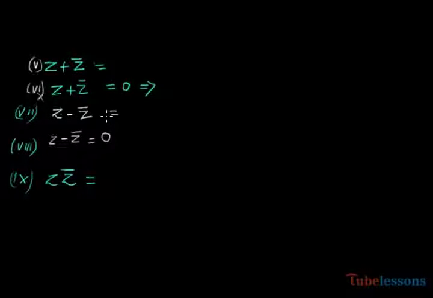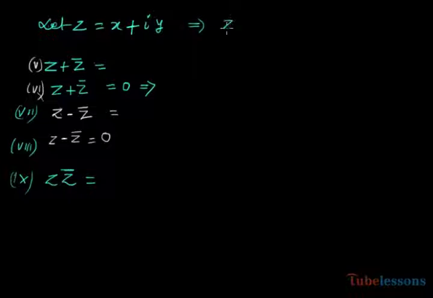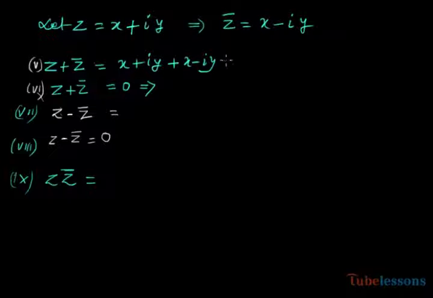Now we'll do this property. Let Z is equal to x plus iy, and this implies Z bar is equal to x minus iy. Now if you add this Z and its conjugate, you get x plus iy plus x minus iy, equal to 2x.